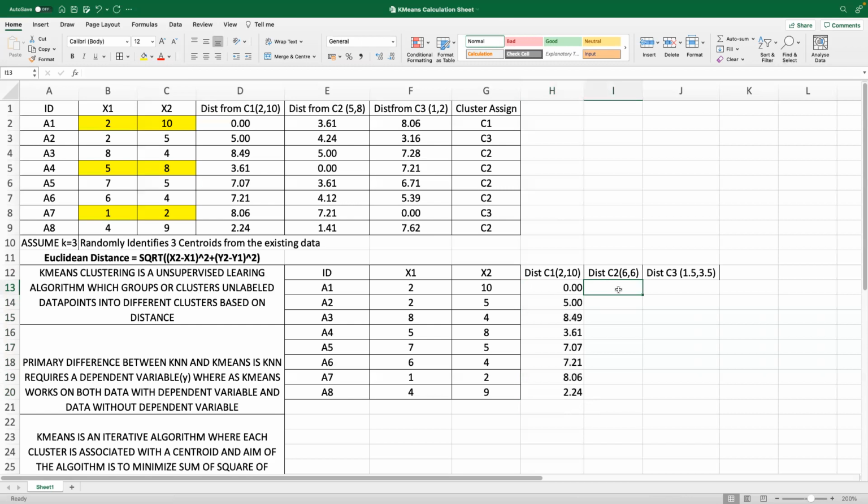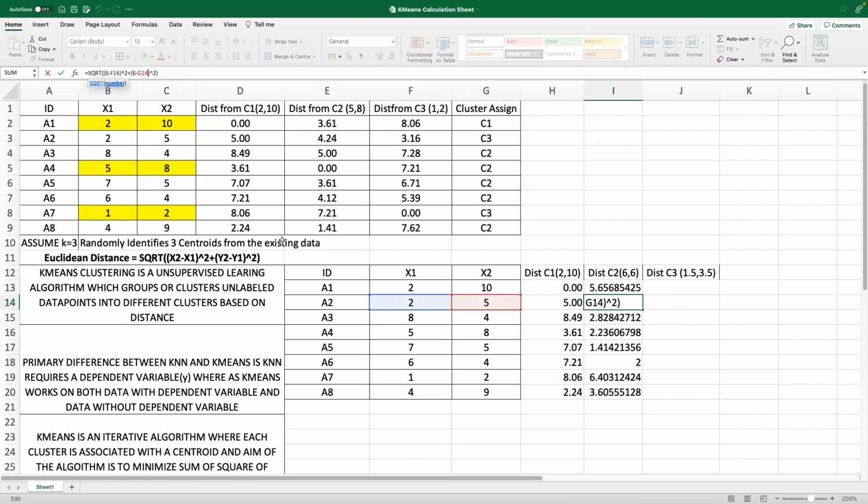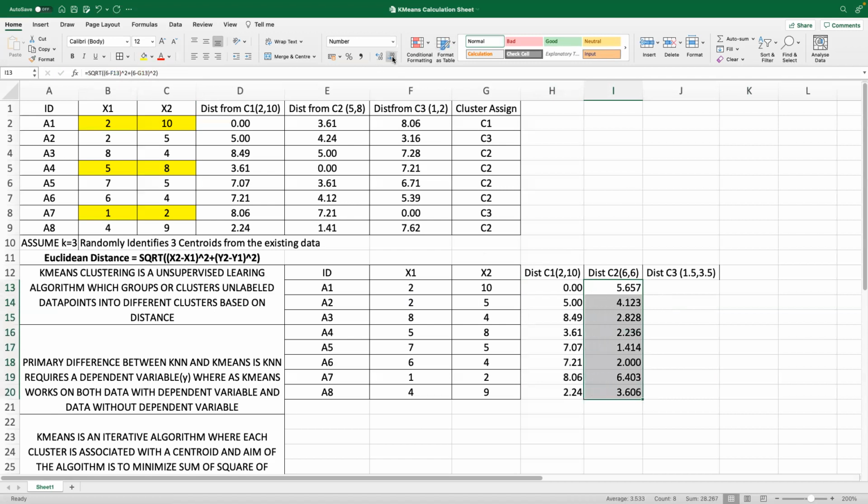Here the new centroid is 6: equal to SQRT, open two brackets, 6 minus this to the power of 2 plus open bracket 6 minus 10 to the power of 2, close bracket. If you drag the formula down, you will get all as 6 minus the cell value. 6 and 6 are the fixed centroids. So again, I will reduce the decimal to 2.